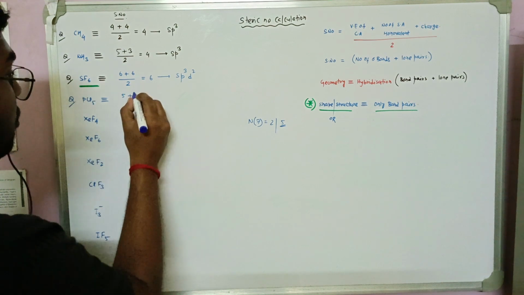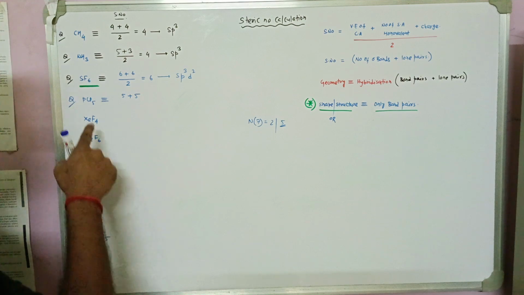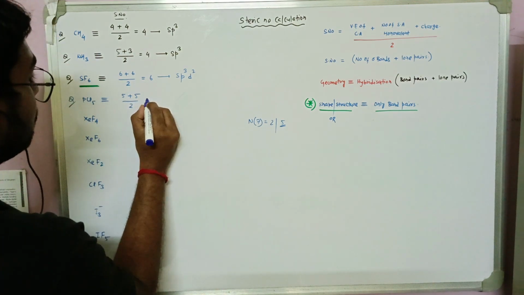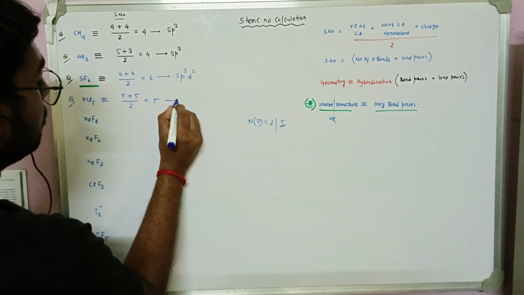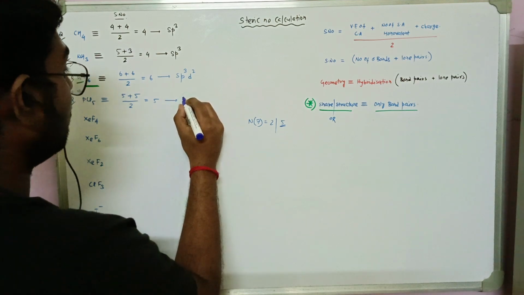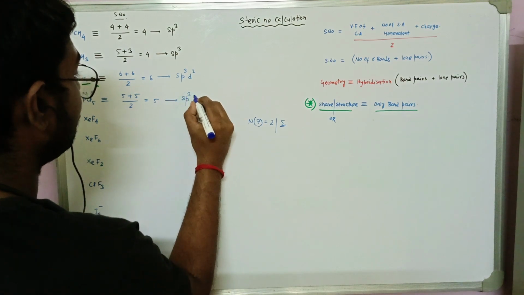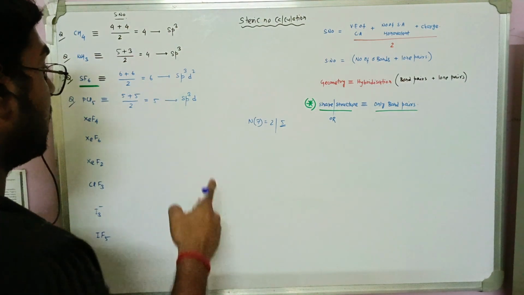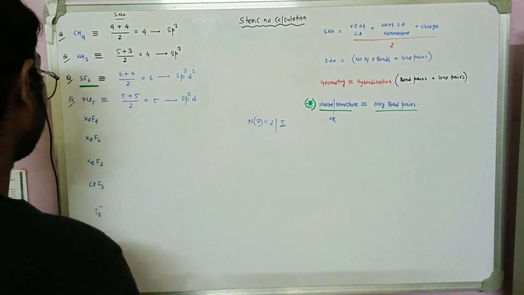Chlorine is monovalent and there are 5 Cl atoms, so we add 5, divided by 2, equals 5. If the steric number is 5, we can say the hybridization is sp3, and we have to add another d orbital, so the hybridization will be sp3d.